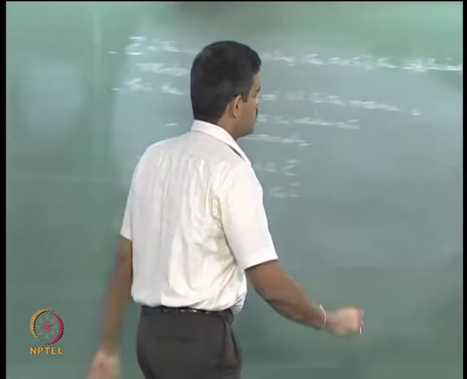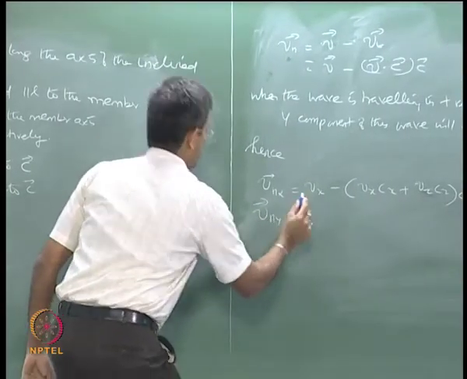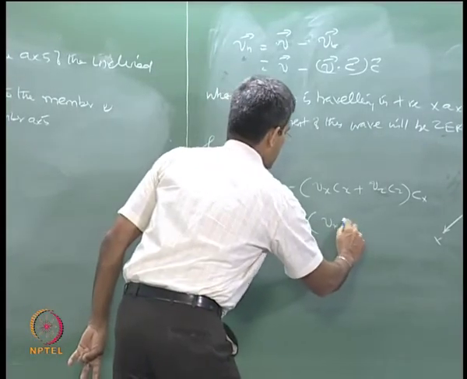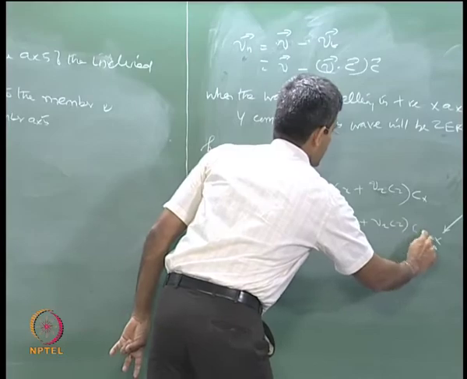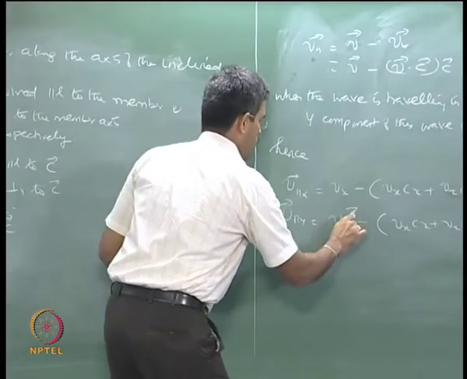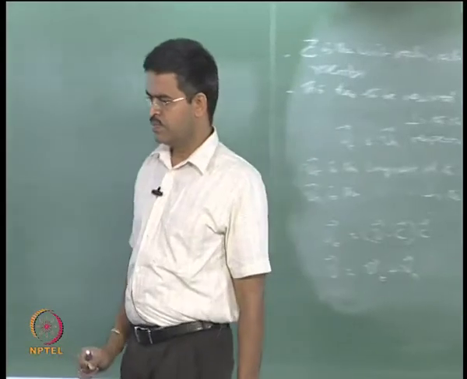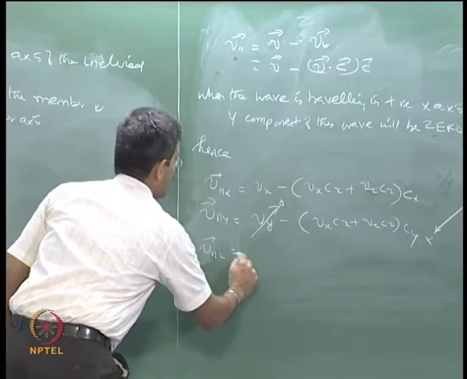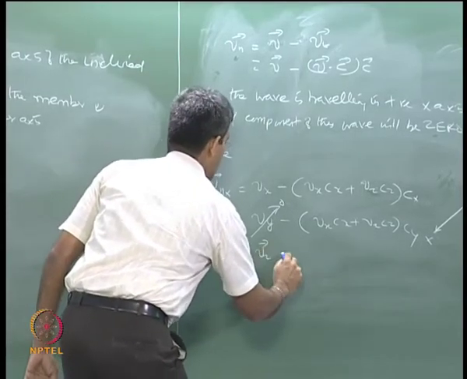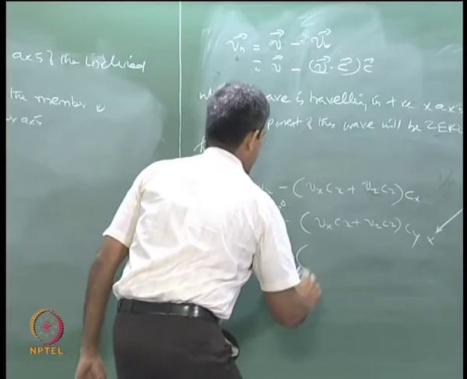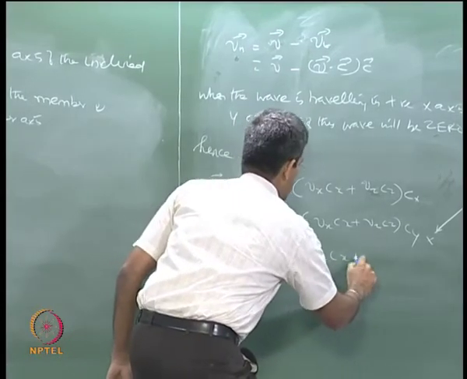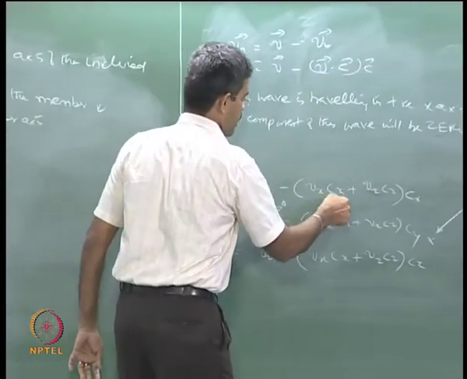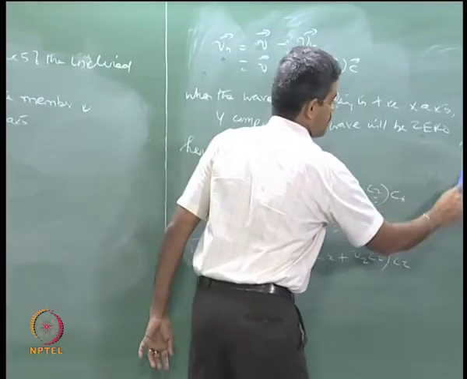Similarly, if you want the normal component Vny, I should say Vy minus (Vx Cx plus Vz Cz) times Cy, but we already know Vy is 0. Similarly, Vnz is Vz minus (Vx Cx plus Vz Cz) times Cz. You can see all these products are happening only on the xz plane.